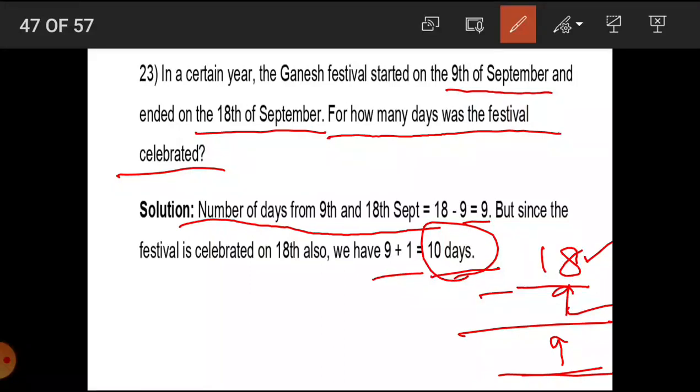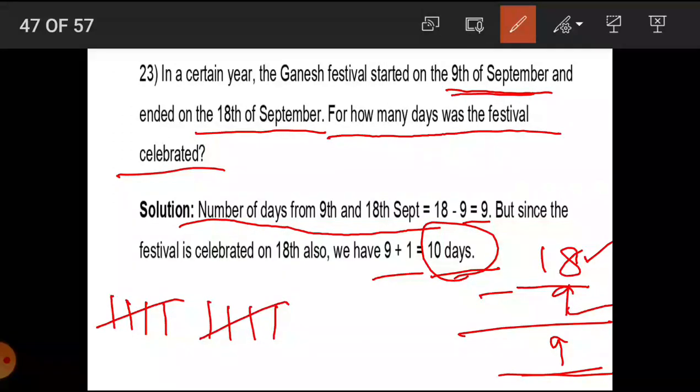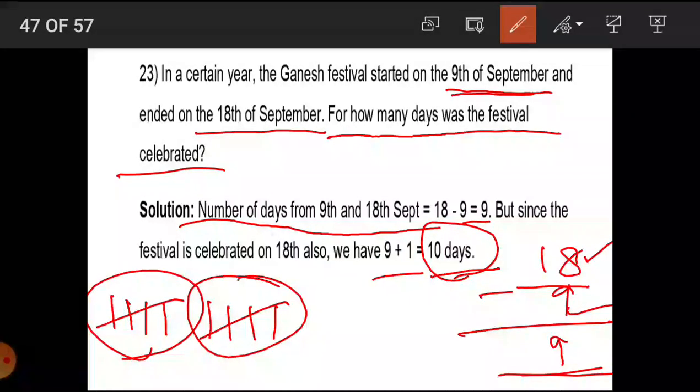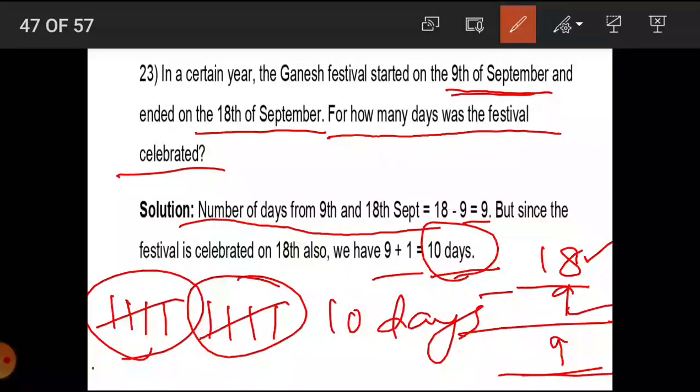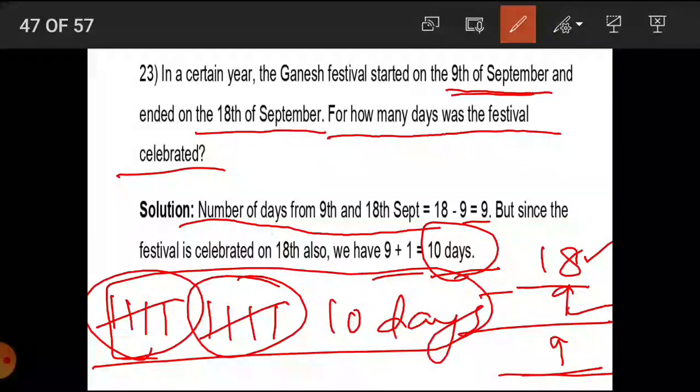If you want to verify whether your answer is right, you can find out by drawing strokes. The festival started on 9th, so 9, 10, 11, 12, 13, 14, 15, 16, 17, 18. You will see I have made a group of 5 and 5. So total is 10 days. This is the simple, traditional but long method, a very easy method to check whether your answer is right.